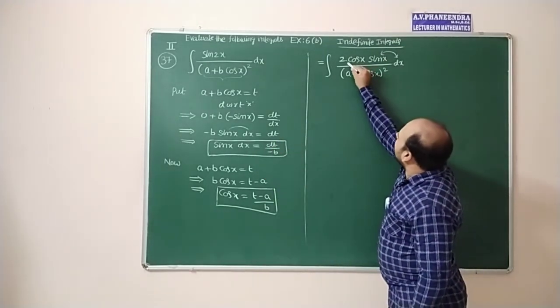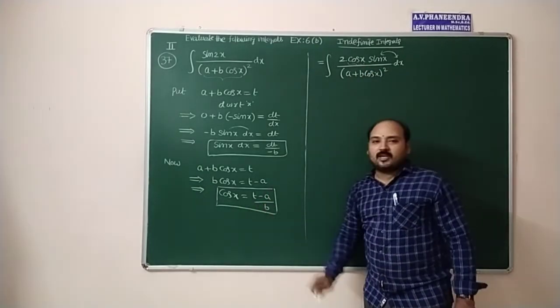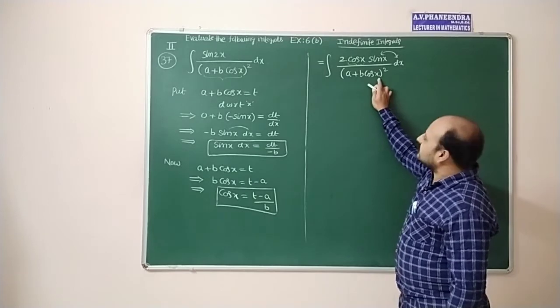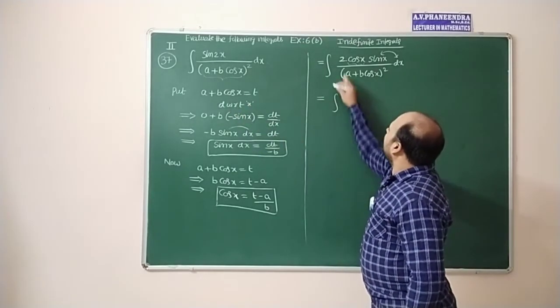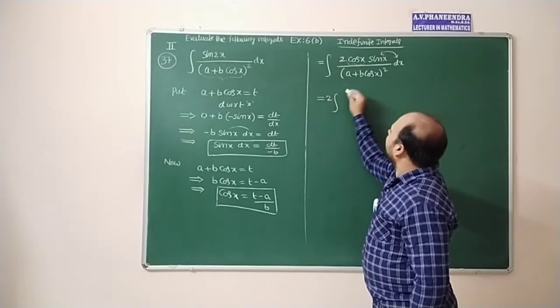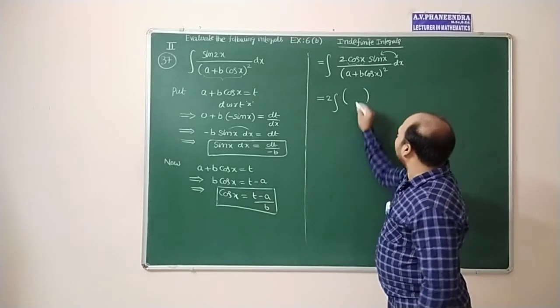In place of cos x, this box value you have to write t minus a by b. In place of a plus b cos x, you have to write t, that is equal to 2, constant you can take outside. In place of cos x, t minus a by b.